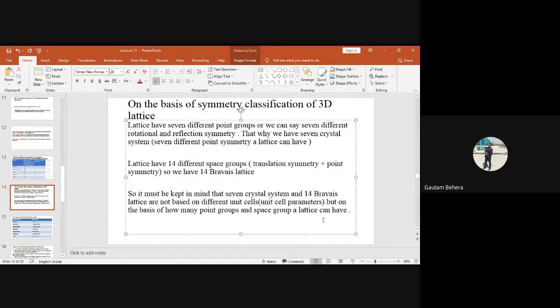But if you choose symmetry, the point group and space group, then you will end up with 7 crystal systems and 14 Bravais lattices. I think you have understood this one. These are on the basis of symmetry only, not on the lattice parameters.